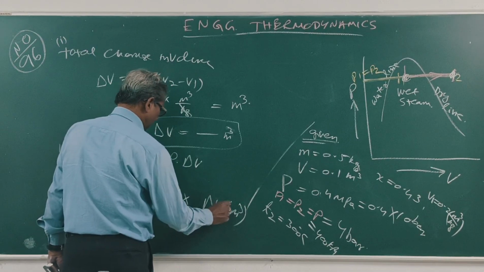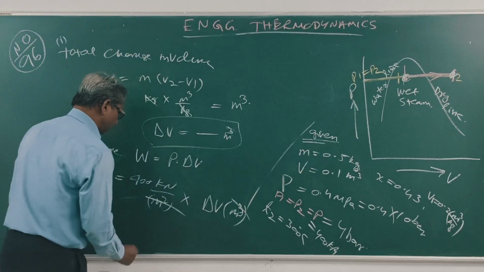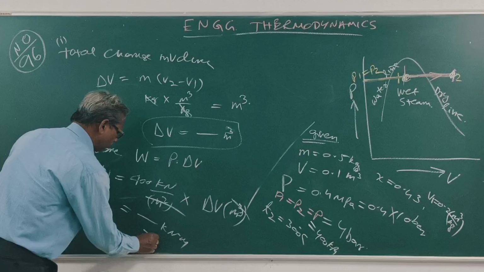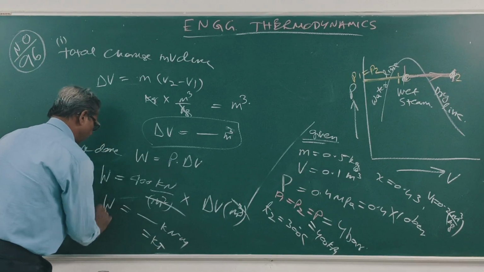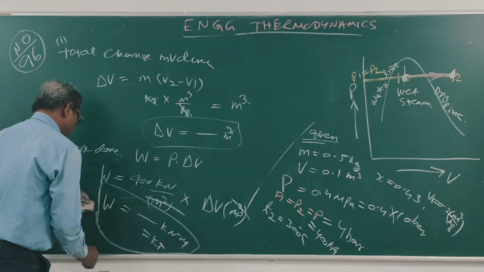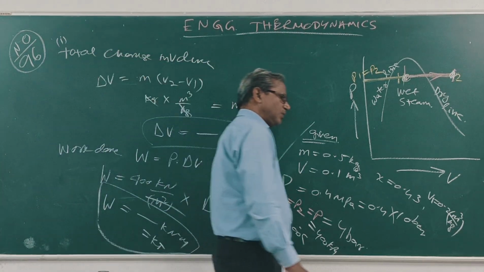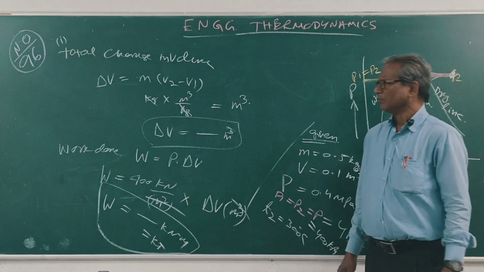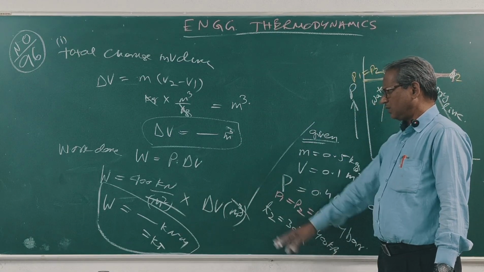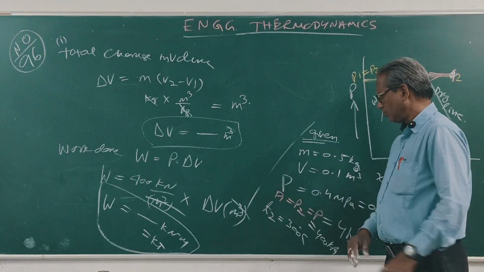Meter square, meter cube, one meter cancels out. The answer is kilonewton meter, means kilojoule. You will find out using calculator, in kilojoule. This is change in volume in meter cube, and work in kilojoule.